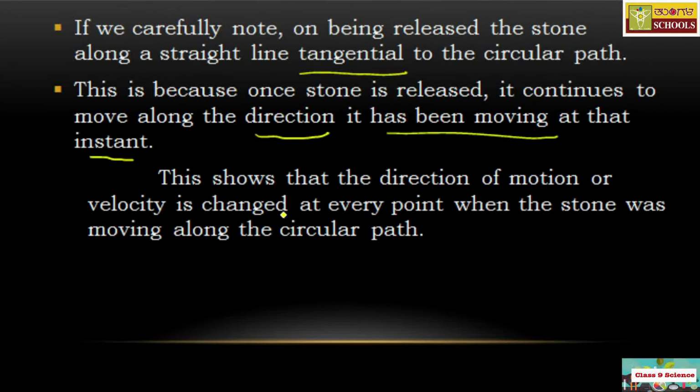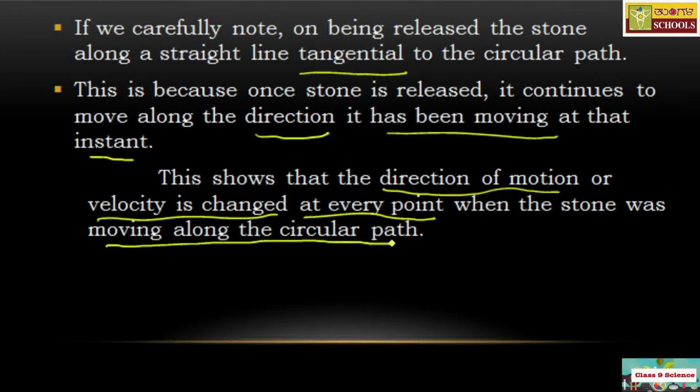So this is showing that the direction of motion, or velocity, is changed, and hence at every point it is going to change when the stone was moving along the circular path.